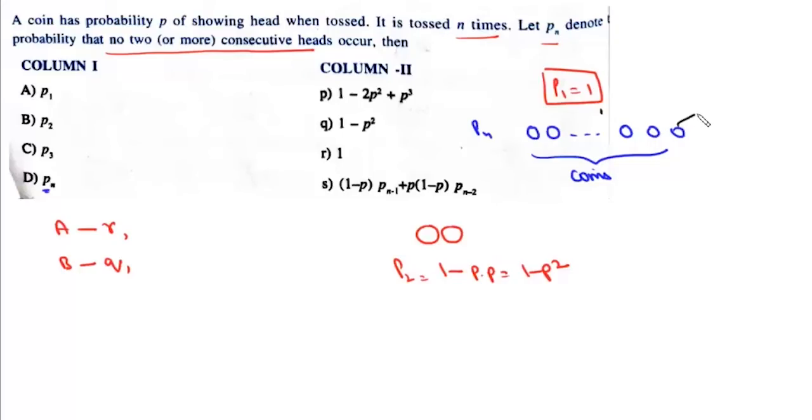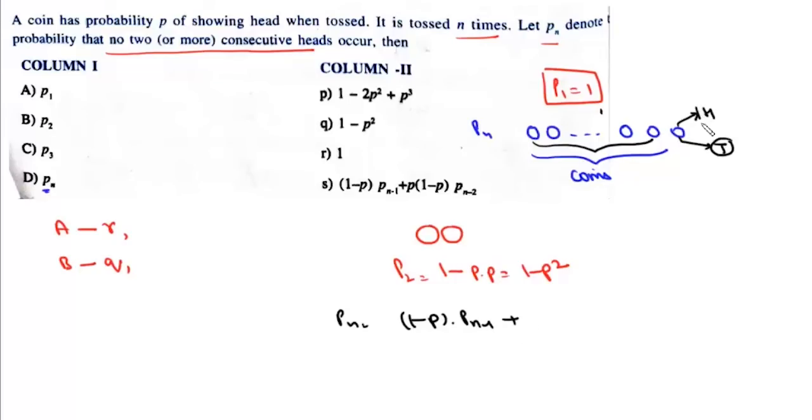Case 1, when this nth coin shows a heads, or when this nth coin shows a tails. Now if the nth coin shows a tails, then for the previous n minus 1 coins, there should be no consecutive heads. So we can write this Pn, if it is tails, now probability of getting a tails is 1 minus P, into probability of no consecutive heads in n minus 1 coins.